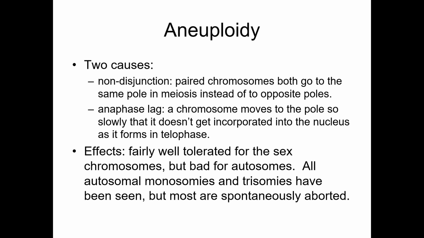Just remember, in the cell division during the anaphase, the paired chromosomes should separate, and one group should move to one pole and another should move to the opposite pole. But suppose the paired chromosomes do not separate but go to the same pole in the meiosis, when they move to the opposite poles.